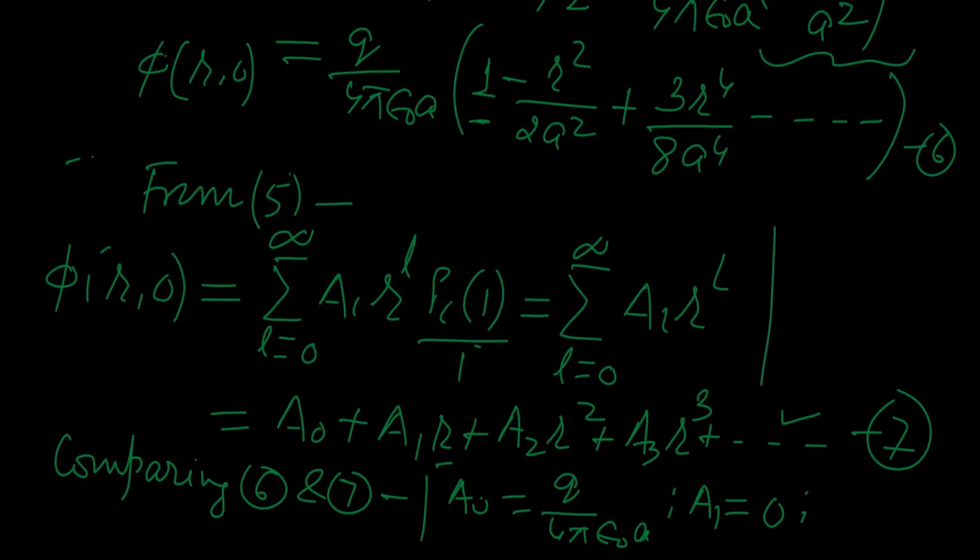A2 is equal to minus Q divided by 4 pi epsilon naught into 1 over 2a cube.